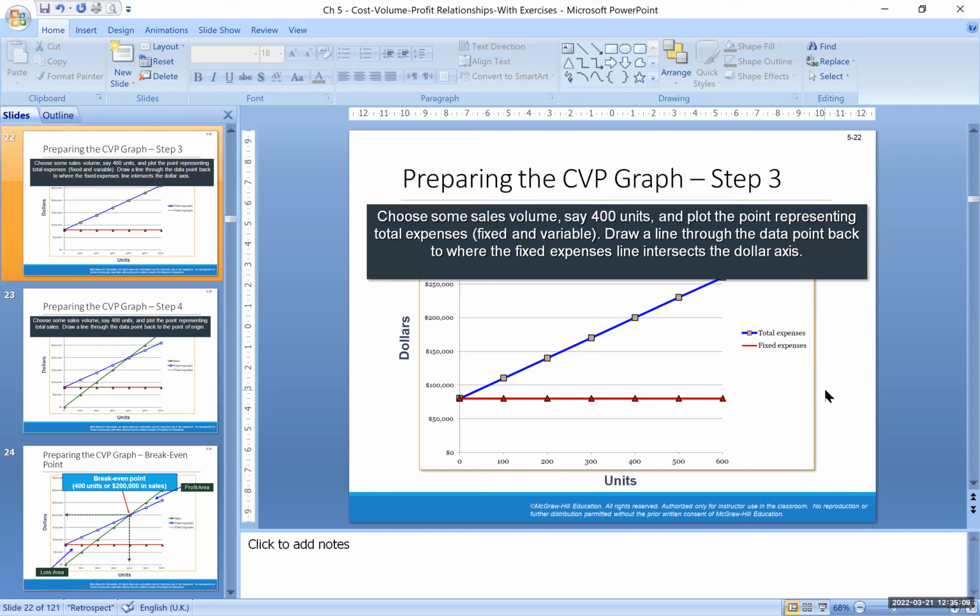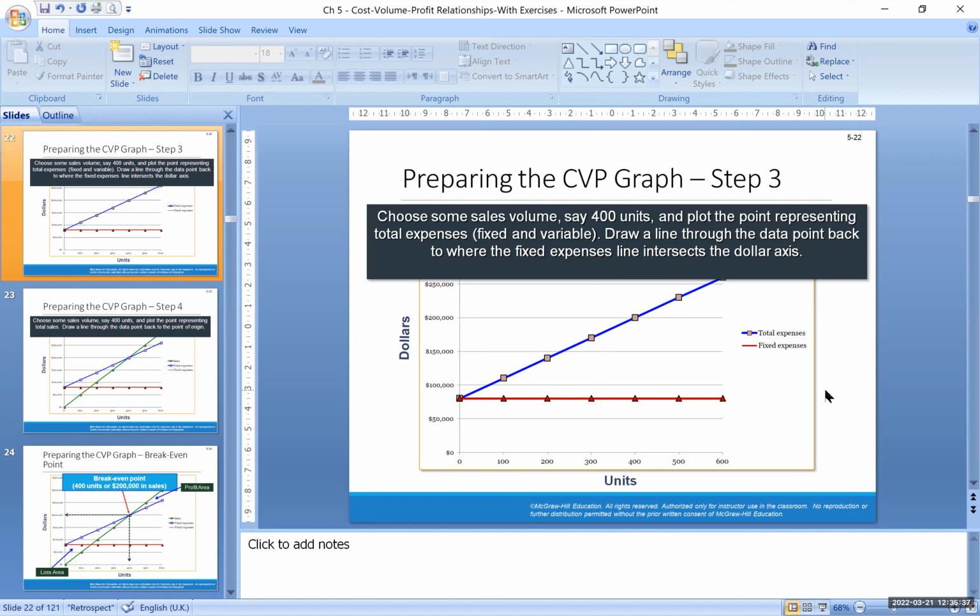Next, choose some sales volume, say 400 units, and plot the point representing the total expenses. The words total expenses mean fixed and variable. Draw a line through the data point back to where the fixed expenses line intersects the dollar axis.